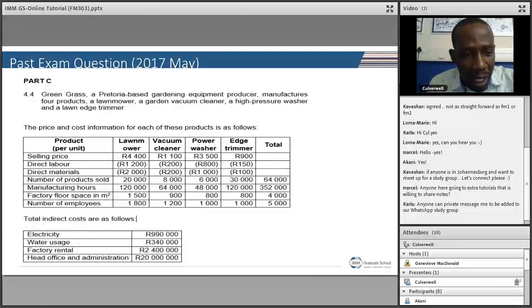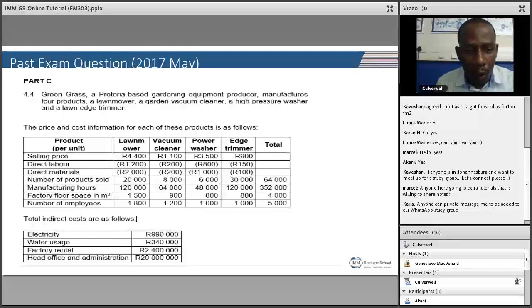So I'll find out how many manufacturing hours we used in producing lawnmowers. It's 120,000. So I'll say 120,000 manufacturing hours multiplied by 2.8125, which we have written on the side. It will give you 337,500. And remember, these are costs, so I'll put them in brackets.